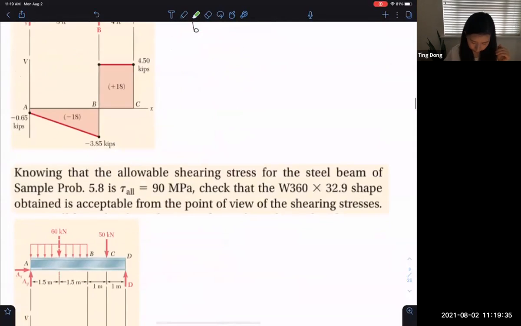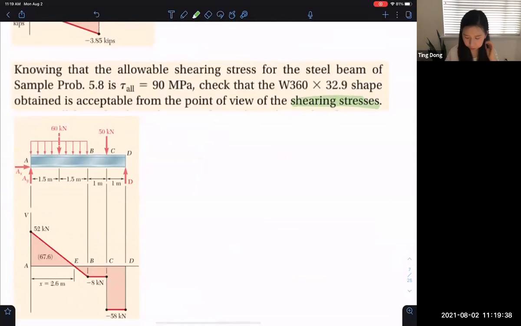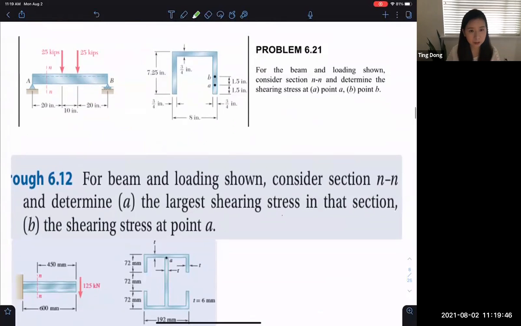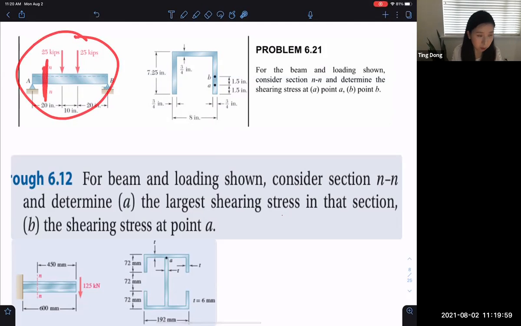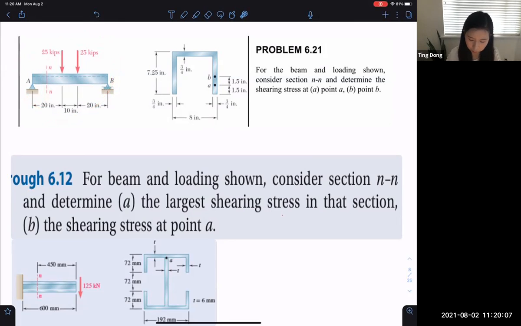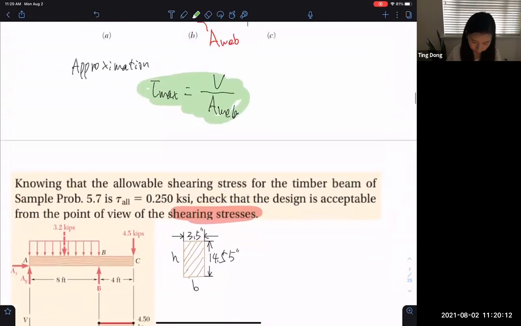If it's an I-beam, so this is an I-beam here, shear stress, right? So in the homework, we had a more complicated problem. Of course, based on the loading condition, you know what the internal shear force is at the end cross section, and you need to calculate the shear stress at A and B. So for this one, we need to use the original equation now.